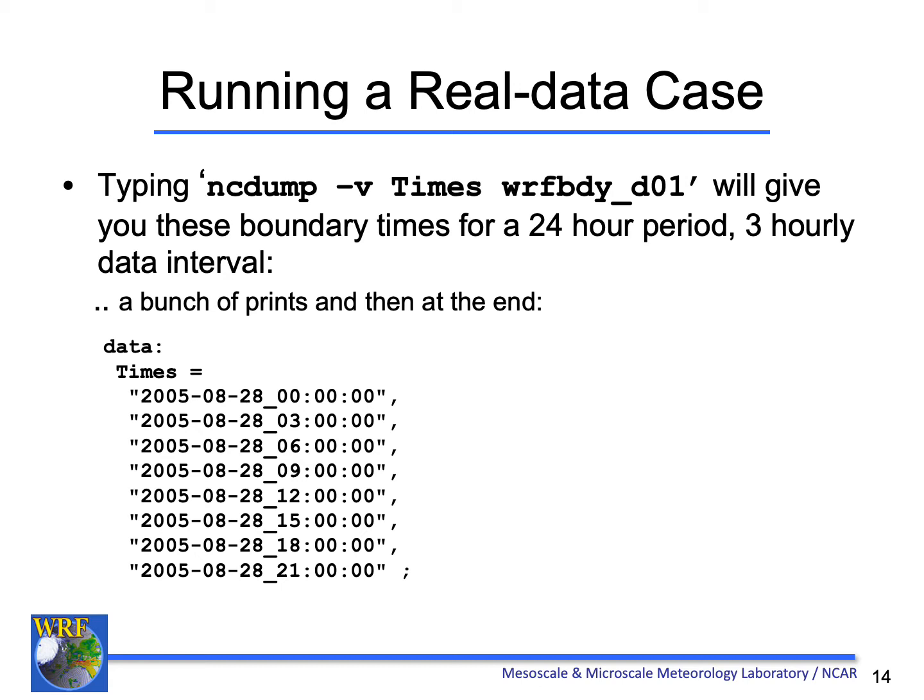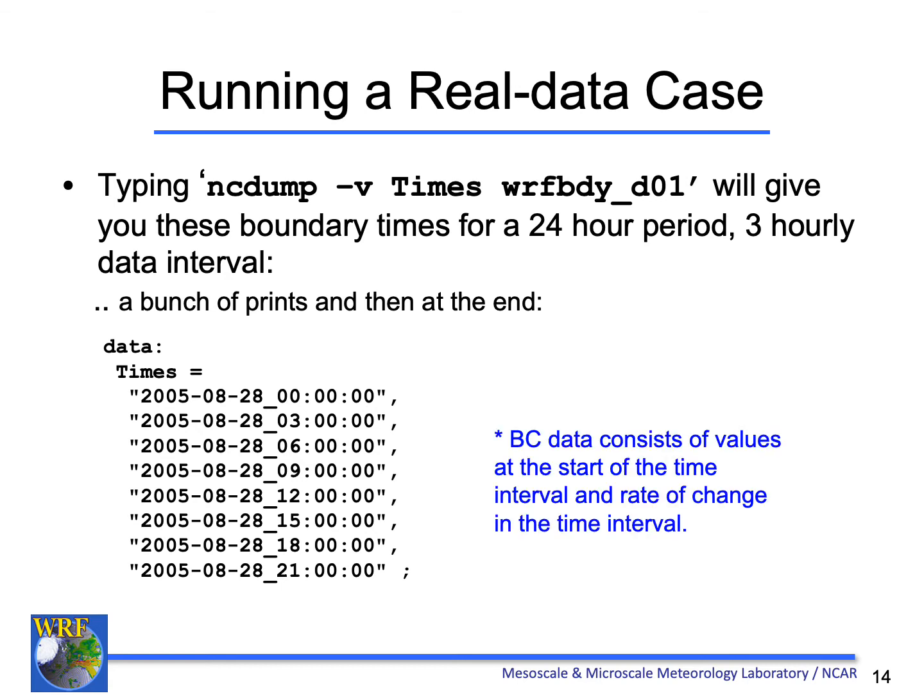This is because these times only represent the beginning of the available period where the lateral boundary condition applies, and each valid time also has information about how the boundary values will change in the 3 hours ahead. This is also a good check to make sure the program real.exe is executed successfully.